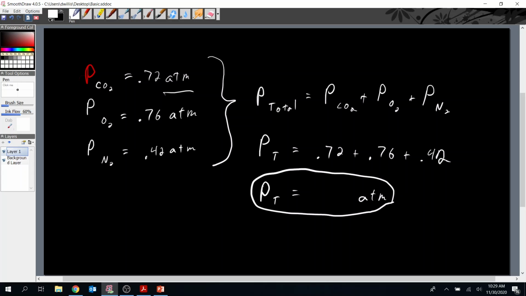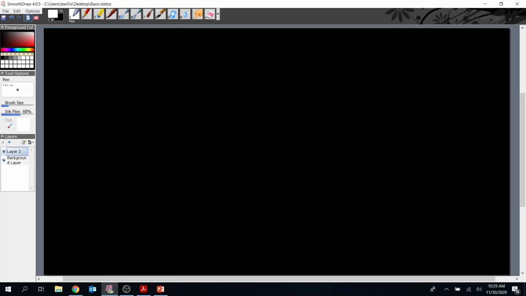All right, so let's clear the board and look at a second one. If nitrogen has a pressure of 460 torr, what is the pressure of the oxygen? Well, we don't actually need any of that information about torr and the nitrogen. We can just look and say, hey, the oxygen is 0.76 atmospheres. And I'm going to convert that into torr.